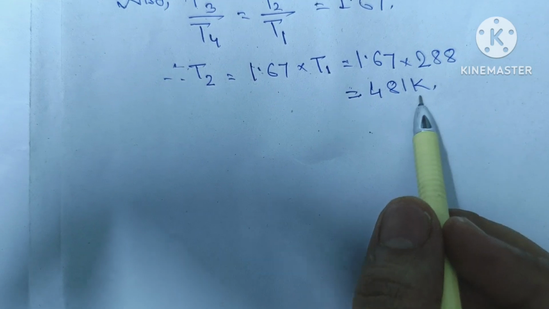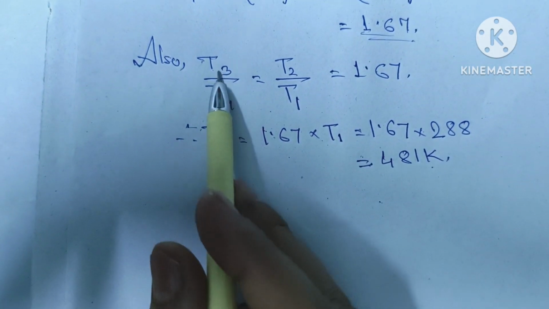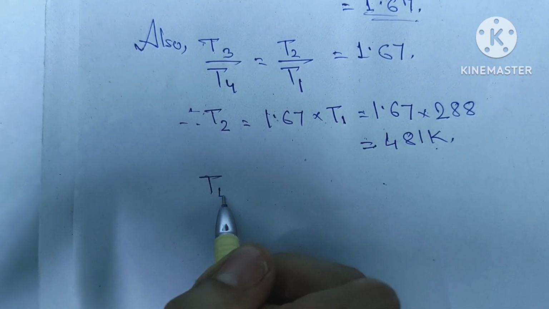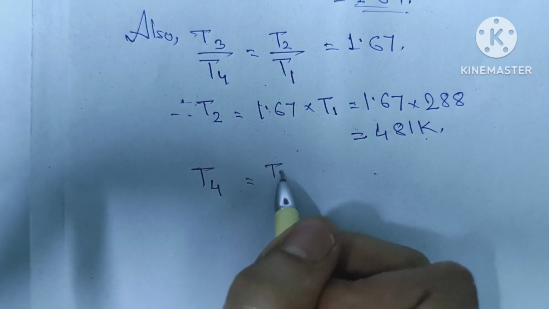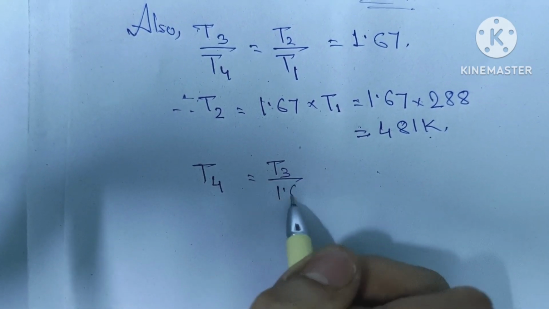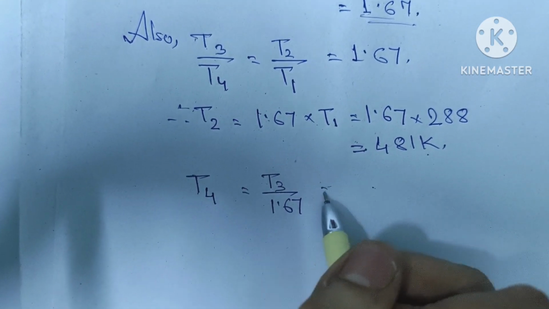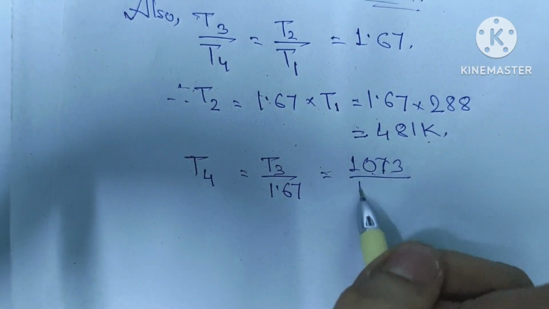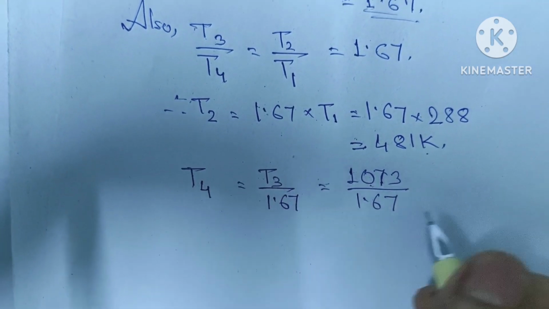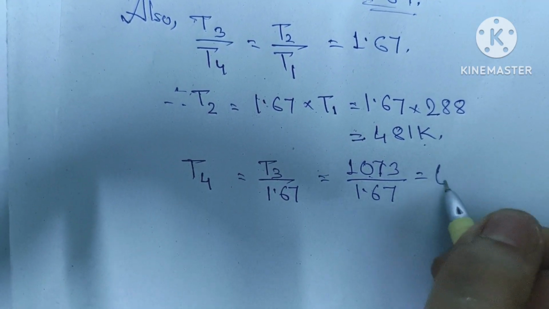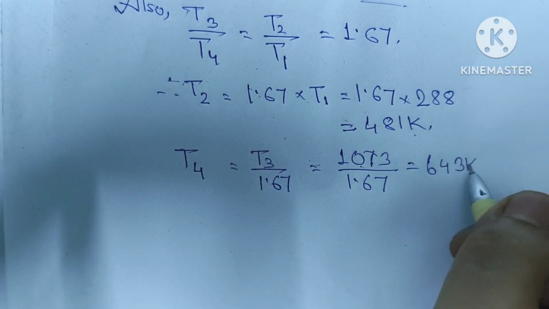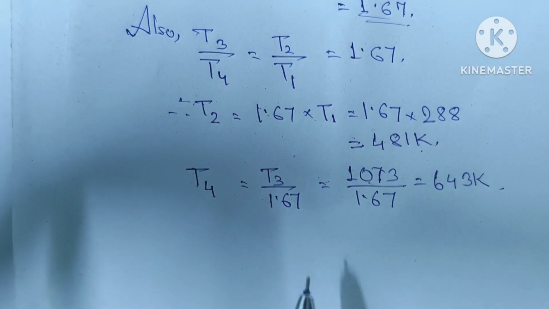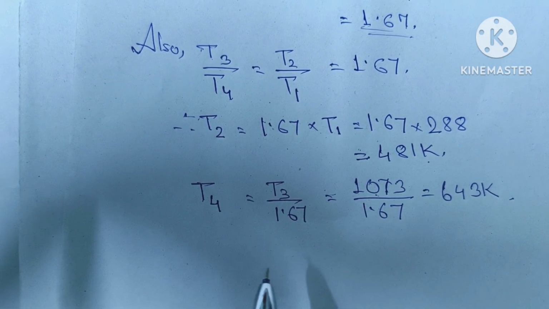So T2 equals to 481 Kelvin, and now from this relation we can also get T4 equals to T3 by 1.67, that is equals to 1073 by 1.67, and the value is approximately 643 Kelvin. So now we have all the T1, T2, T3 and T4 values.